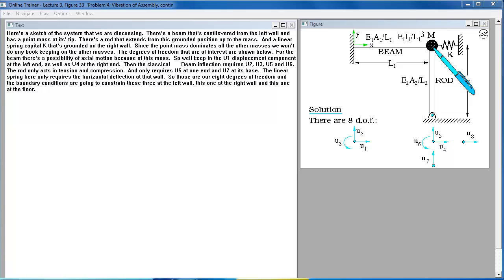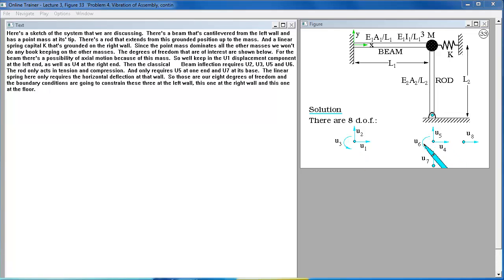The degrees of freedom that are of interest are shown below. For the beam, there's a possibility of axial motion because of this mass, so we'll keep in the U1 displacement component at the left end as well as U4 at the right end. Then the classical Euler-Bernoulli beam in flexure requires U2, U3, U5, and U6.